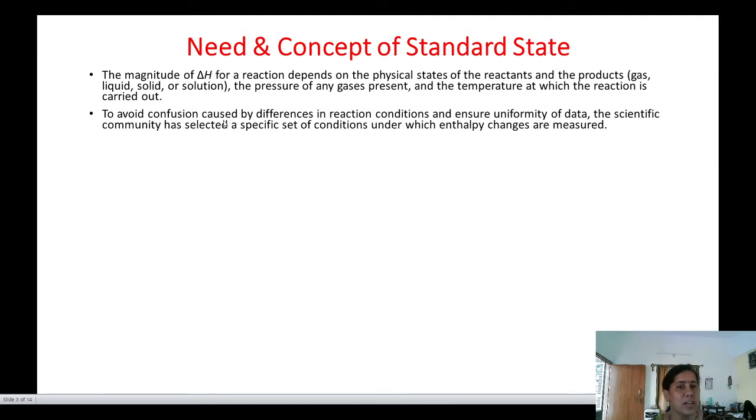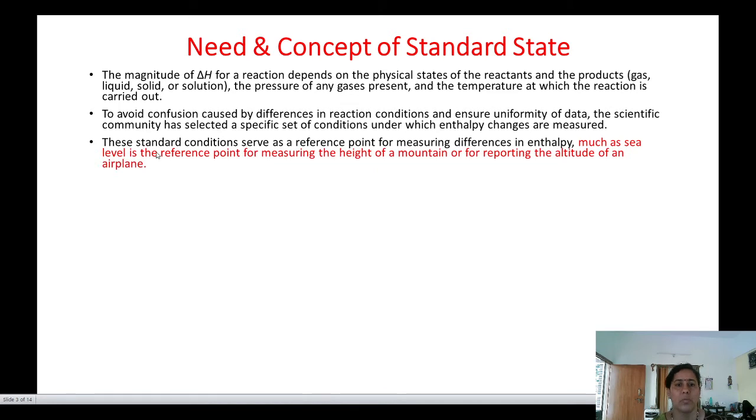To avoid this confusion, which is caused by differences in reaction conditions, and to ensure uniformity of data, the scientific community has selected a specific set of conditions under which enthalpy changes are measured.